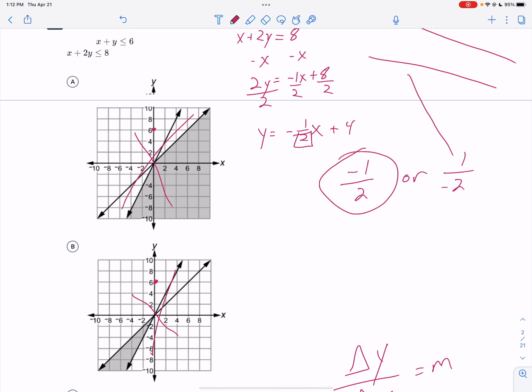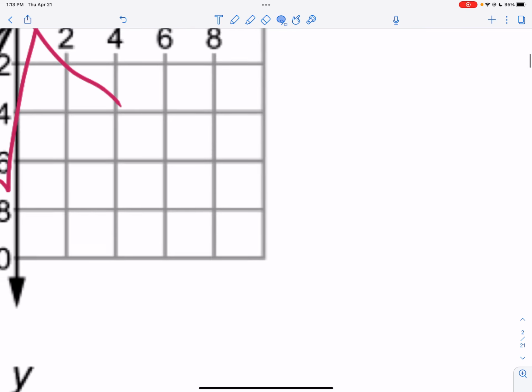So this one right here says go down. So from a point, go down 1 over 2. This one right here, from that same point, says go up 1, left 2. They mean the same thing. So no matter what, when you're actually graphing these things, let's just take this part right here.